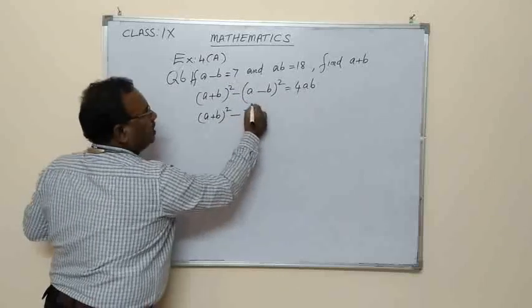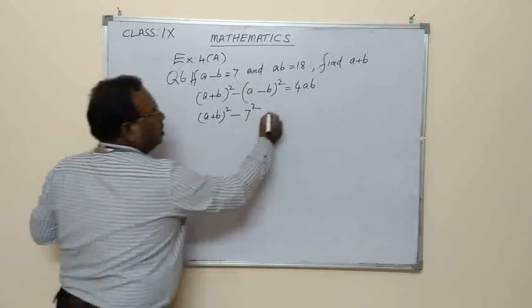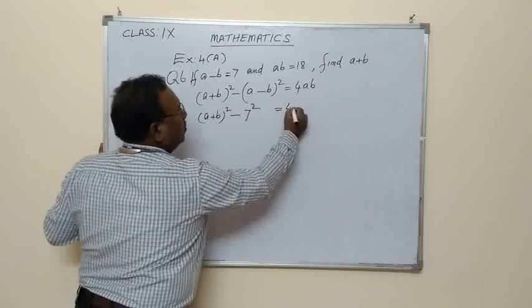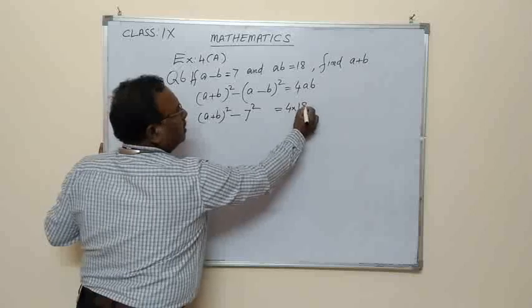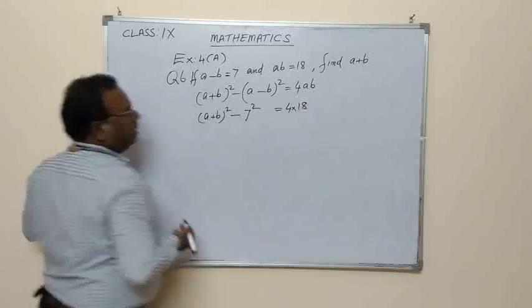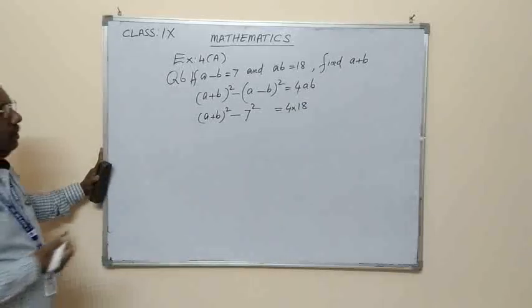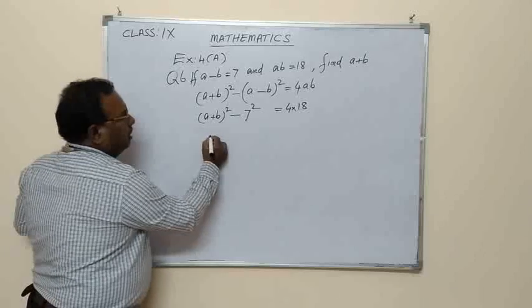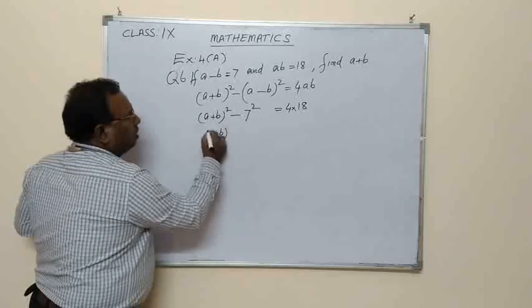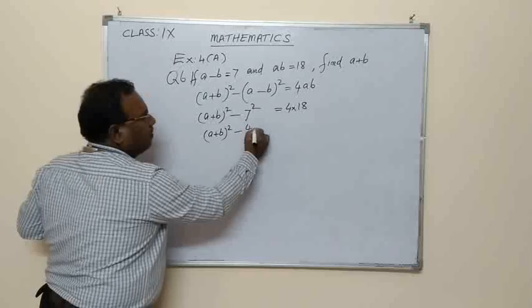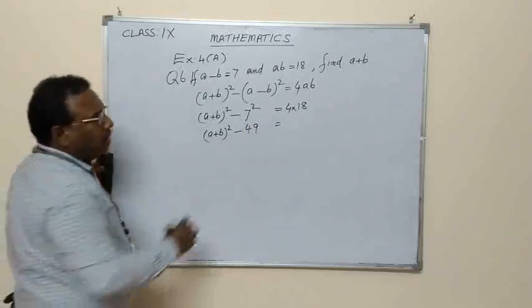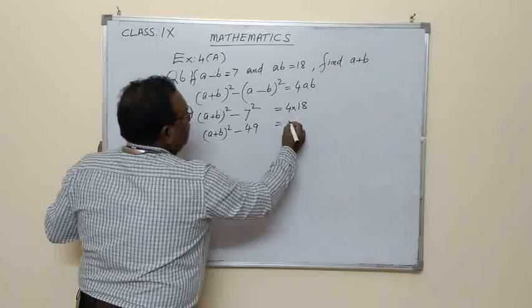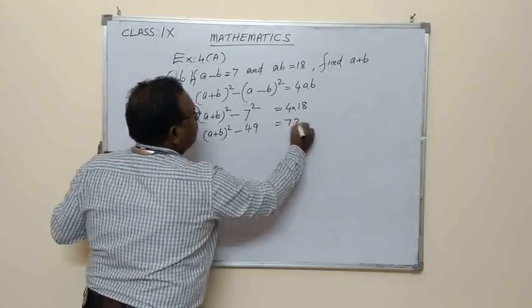So it becomes 7 square is equal to 4 into the value of AB, which is 18. So it becomes 4 into 18. Again, (A plus B) whole square minus 49 is equal to 72.